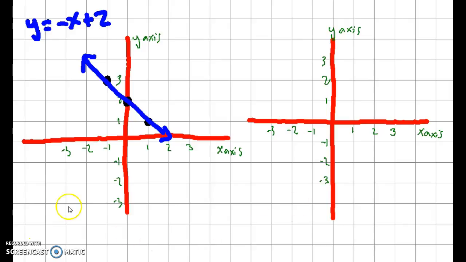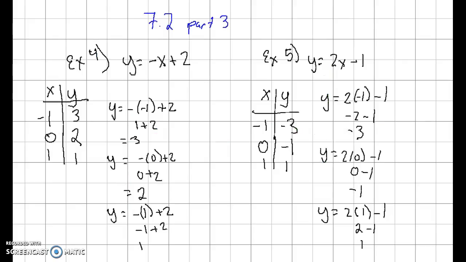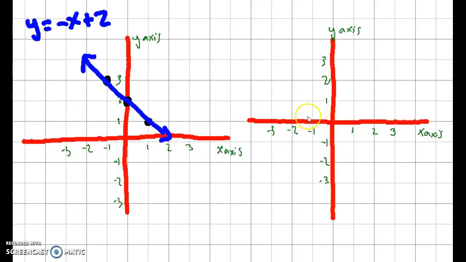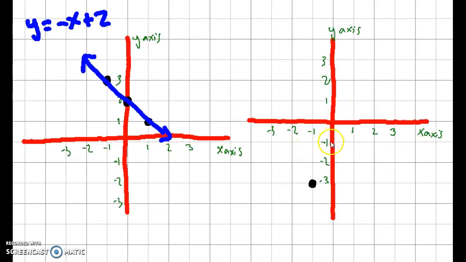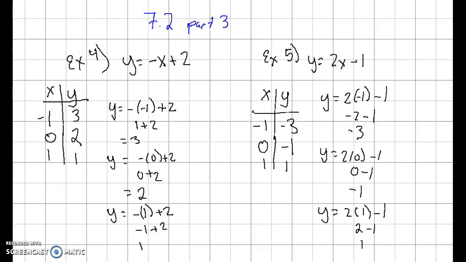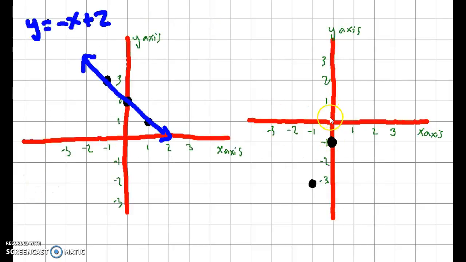So our points to plot: -1, -3. So -1, boom, -3. Plot that point. Next one, 0, -1. 0, -1's right there, because again, go left or right, just go straight down. Last point, 1, 1. So 1 and 1, so you're right up there.